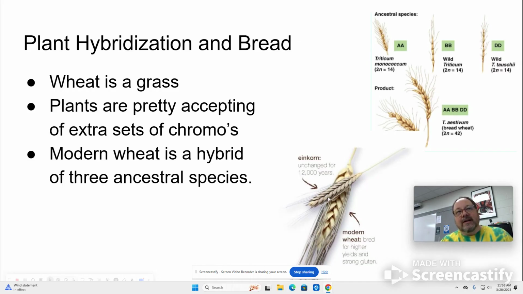So again, you see the einkorn wheat from the dawn of agriculture. And then you see the modern wheat where we have these huge wheat berries that are much higher yield, so you get a lot more flour or more grain, and it has a higher amount of gluten, that protein that traps air bubbles and helps bread rise and gives bread textures that we like.